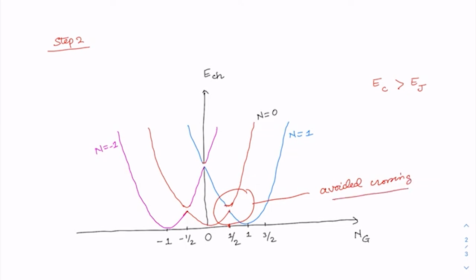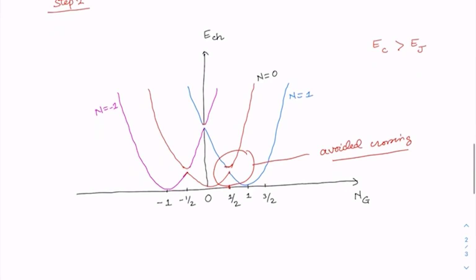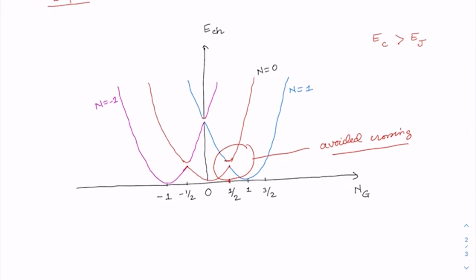Next, we are going to focus around one of the degeneracy points. Say, for example, let us focus around N_g equal to half. Then we will restrict ourselves to the energy levels n equal to 0 and n equal to 1.